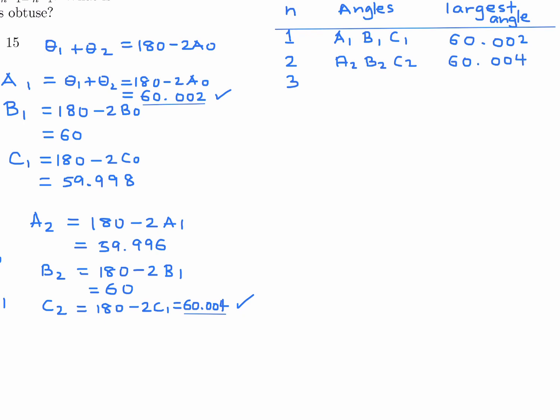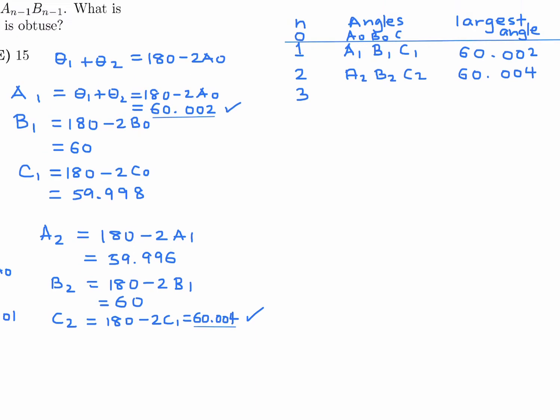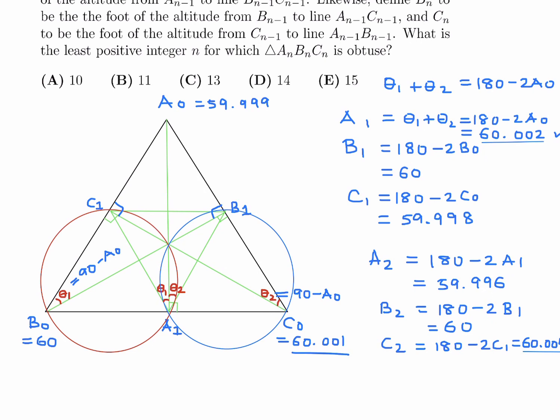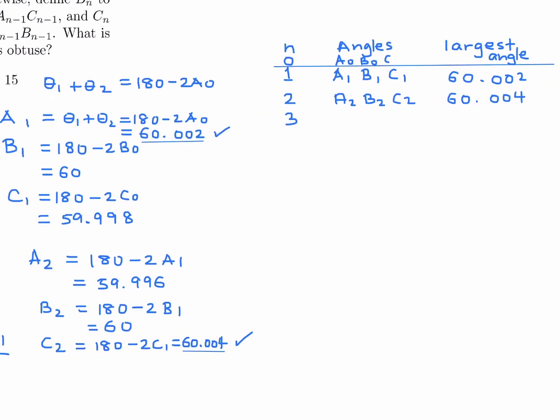And I'm confident of that because when n was 0, we had A0, B0, C0, and the largest of A0, B0, and C0 was this guy, 60.001. So as you can see, it is doubling. So for A3, B3, and C3, it would just be 60.008. What's doubling actually is not the full number. It just seems to be that part of the number that seems to be doubling. Okay, so let's just keep going.